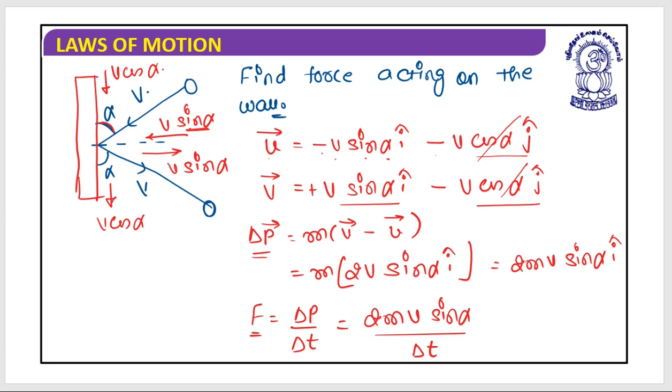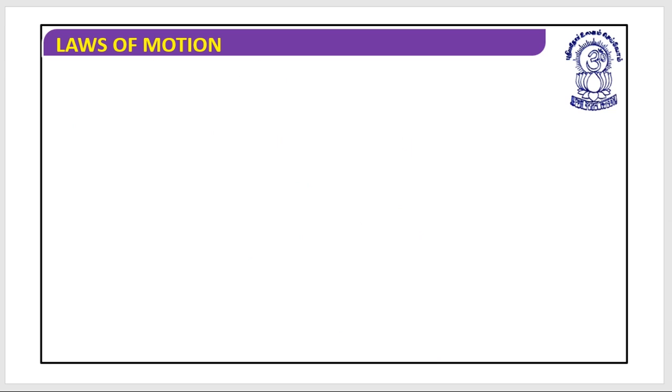So if you cannot get it right, let's have a look. Let's suppose this is the situation. The object gets hit over here and rebounds from this place. And this is angle alpha.